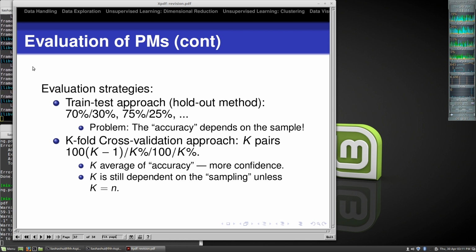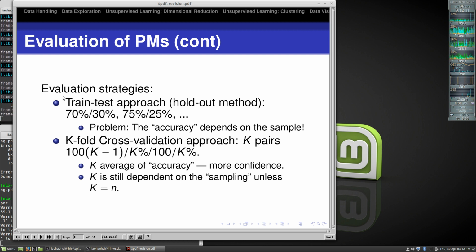So if we continue, we would ask the next question. We say we need to split the data into the training and the testing part. So how many ways can we split the data in order to check how good our predictive model is?